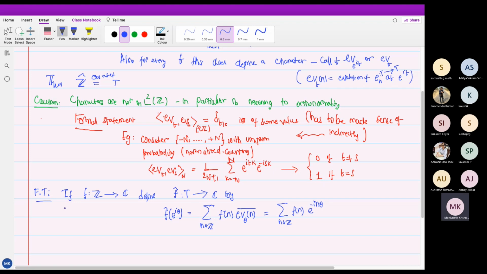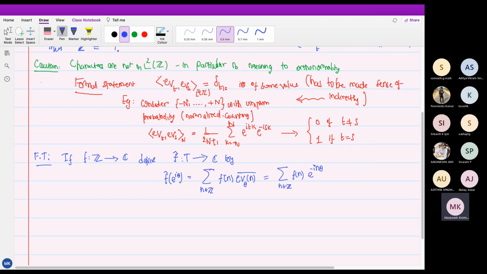So this is how you define it. For what functions will it make sense? It's not any function from Z to C. If f is in L1 of Z, that is the sum of |f of n| is finite, absolutely summable, then this is well defined and you can define it.